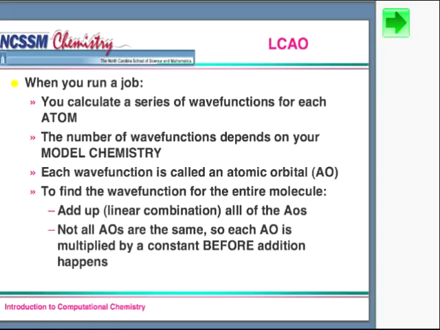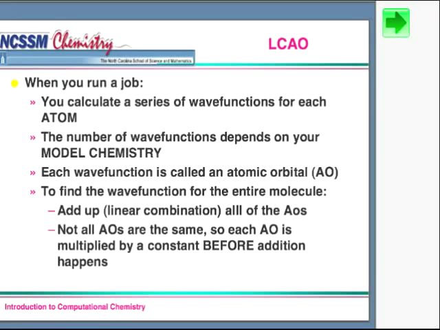We'll talk about this in one of the later labs: not all atomic orbitals are the same. Some of them are more important than others. So we multiply each AO by a fudge factor, a constant, before the addition happens.